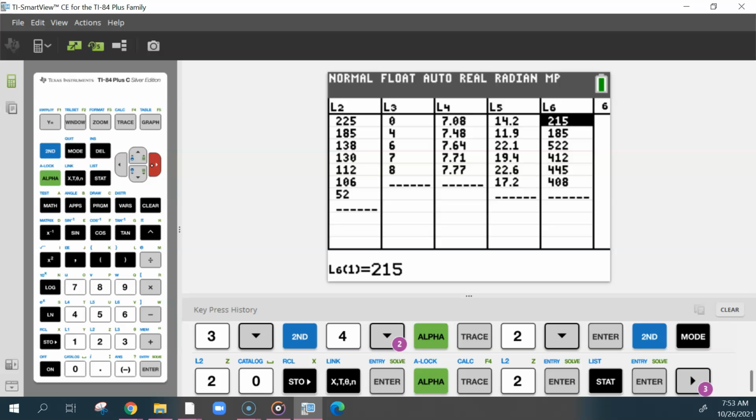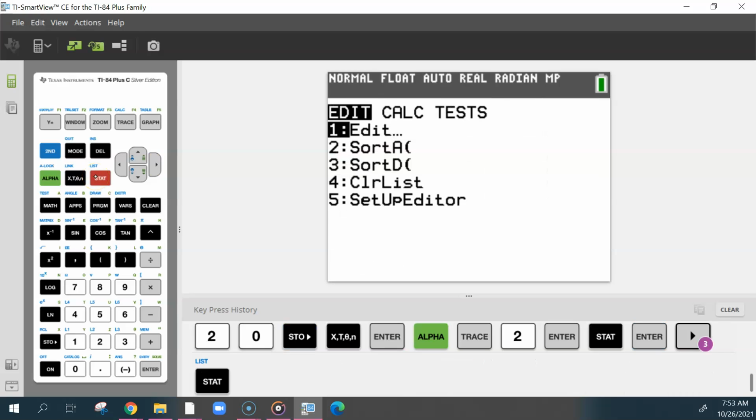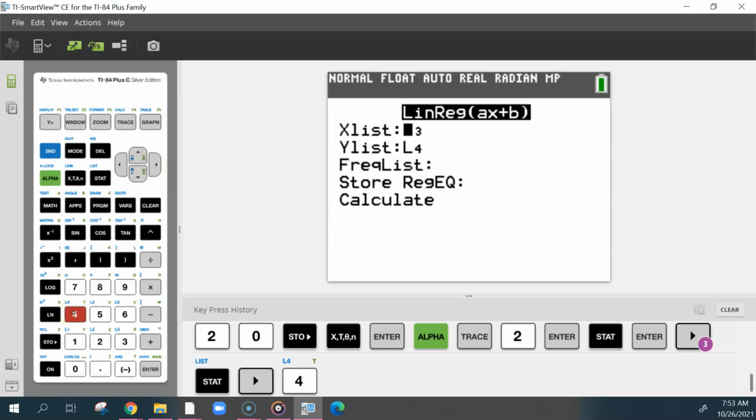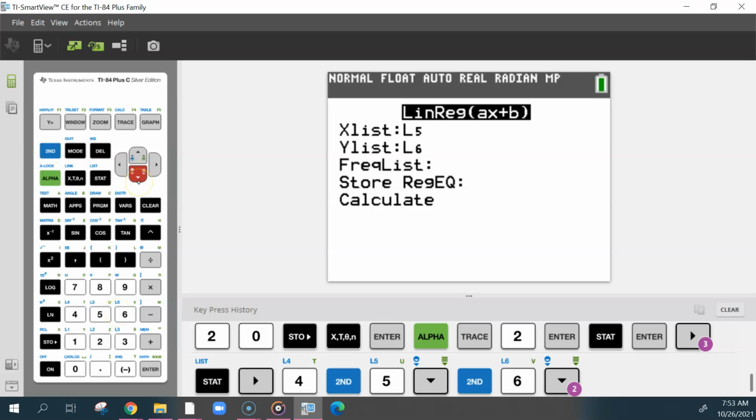Once your data is in, go back to Stat, scroll over to Calculate, linear regression, number 4. My stuff is in L5 and L6, so I'm going to change mine, but if yours is back in L1, L2, change it so that it fits, or you may not need to change it at all. You don't need to store this one because all you need is the equation. You can if you want to, but you don't need to. And Calculate.